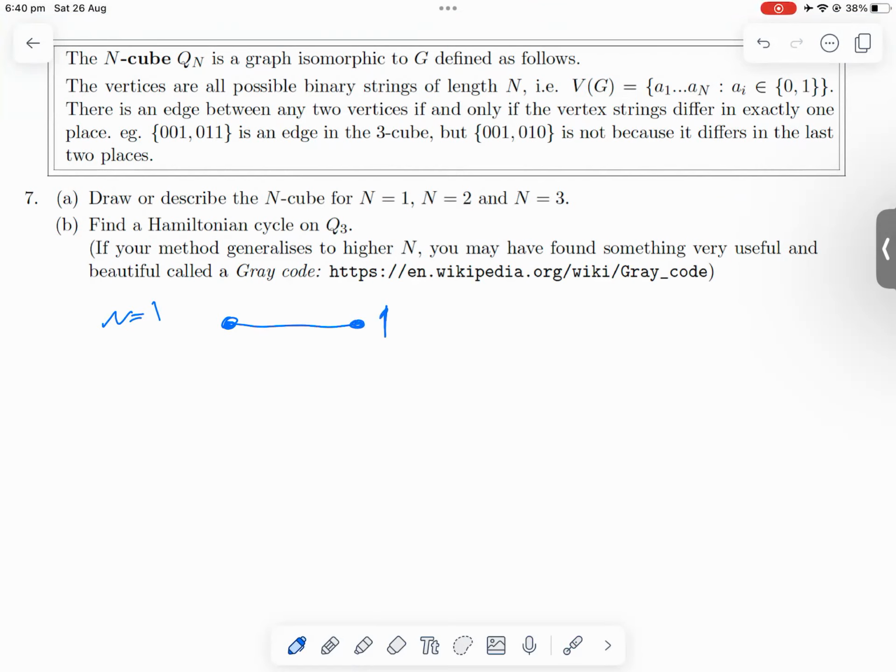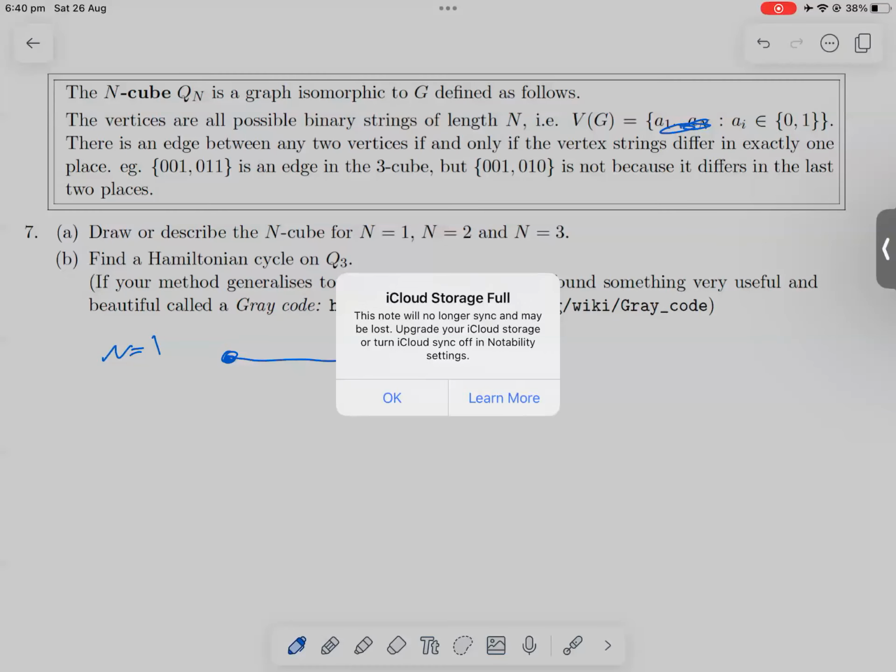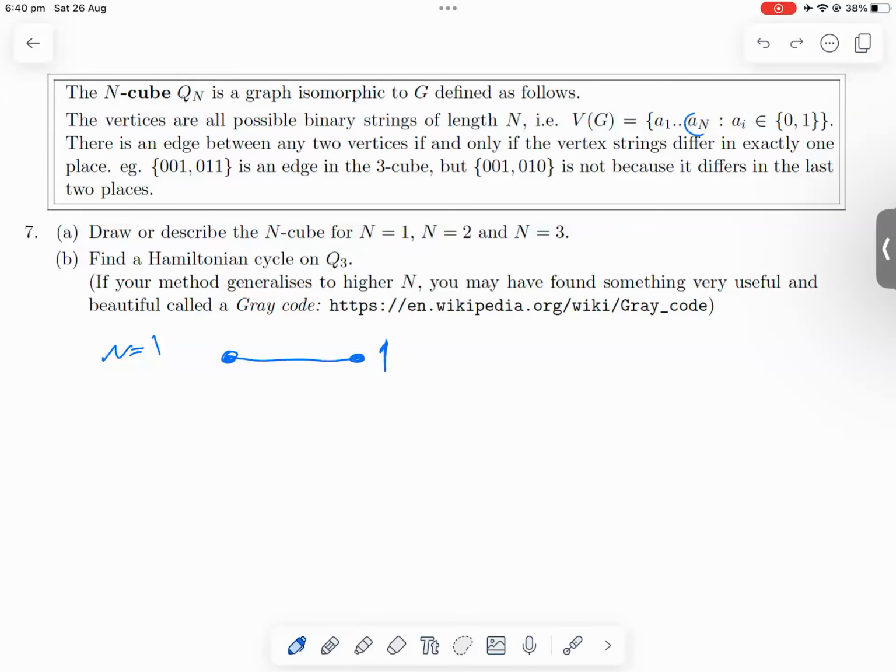Also, I believe this one here should actually be 2 power n. So the names of these vertices are 0 and 1. I'm talking about n equal 1, and we have 0 and 1.